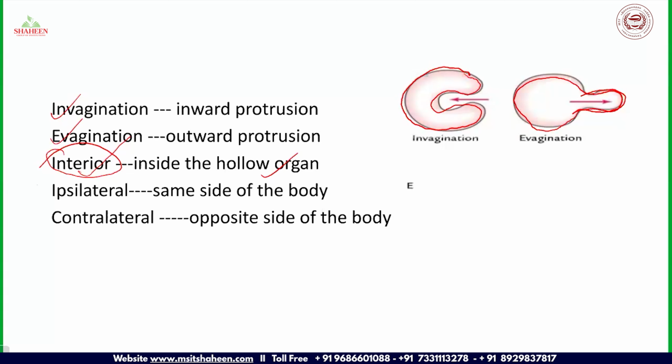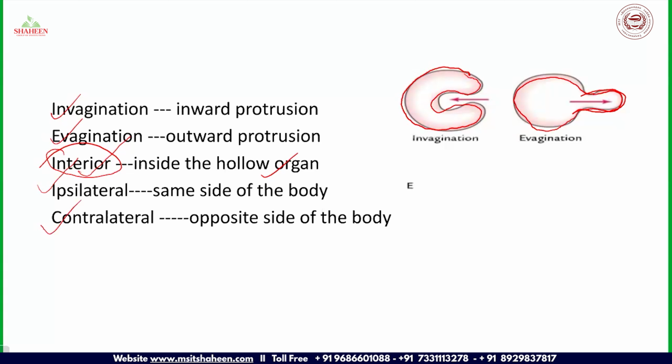Next, what is ipsilateral and what is contralateral? Ipsilateral is always used to mention the structures on the same side of your body, and contralateral is to describe the structures on the opposite side of your body.